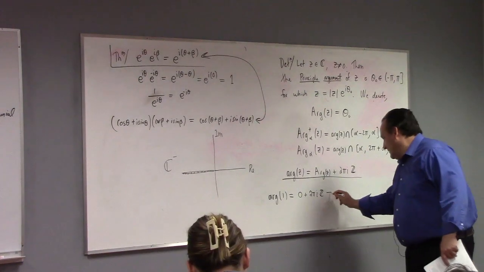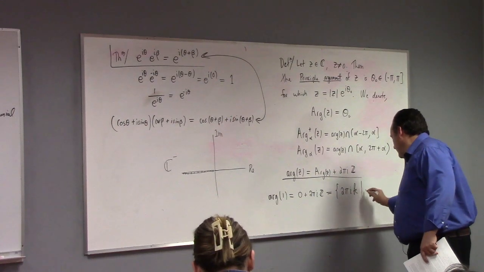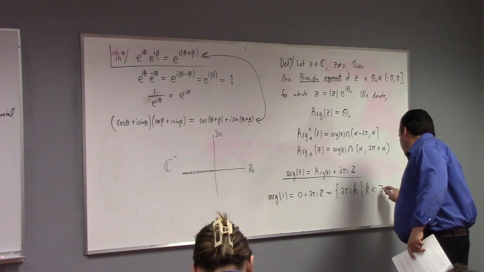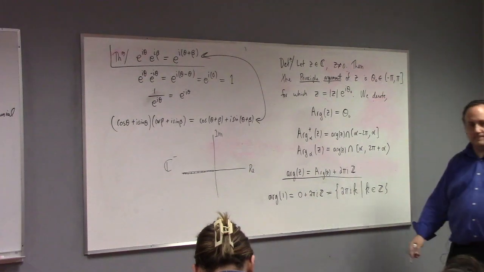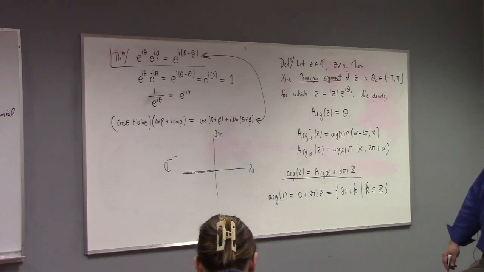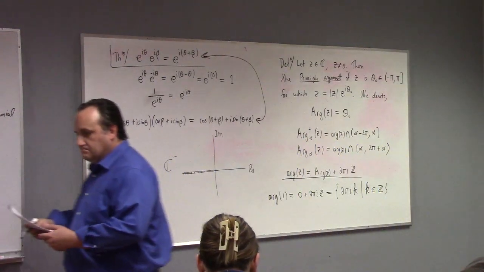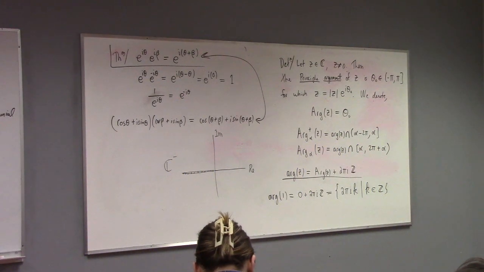To be more explicit, it's the set of 2 pi i k such that k is an integer. The underlying thing that we're struggling with here is that we lose the one-to-one property for the imaginary exponential.